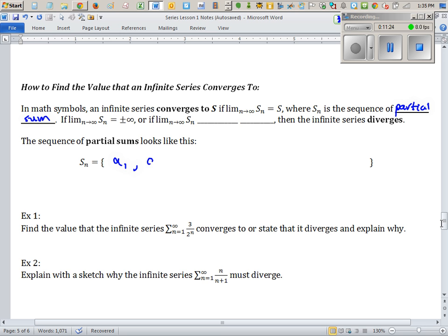So every term is harder to find than the last term was. It's a crazy sequence. Eventually you get to a term in the sequence that looks like this. It would be called the nth term, or the nth partial sum. But there's more after that too. And it just goes on forever.